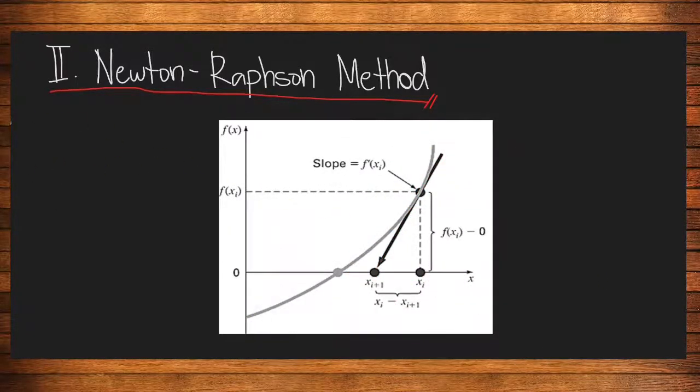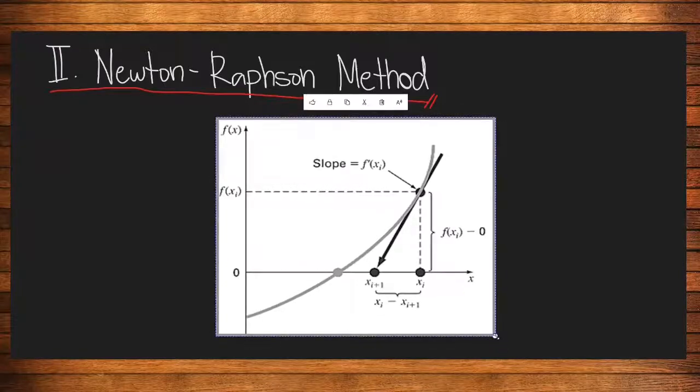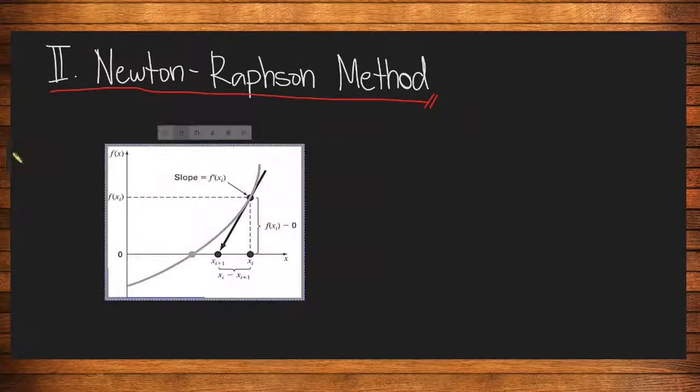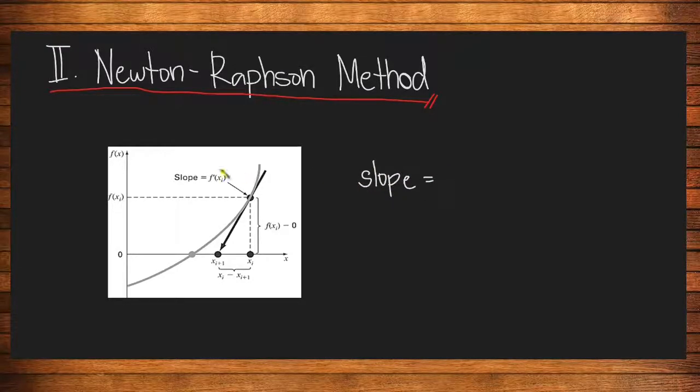The Newton-Raphson method can be derived on the basis of this geometrical interpretation. Again, as shown in our figure, the first derivative at x sub i is equivalent to the slope. Recall na yung slope din natin is equal to rise over run. Tama?